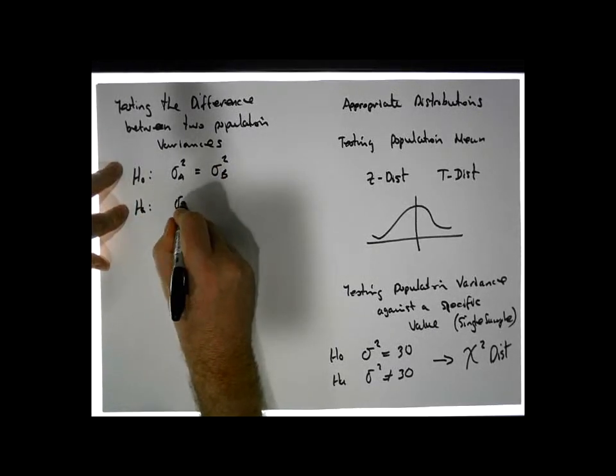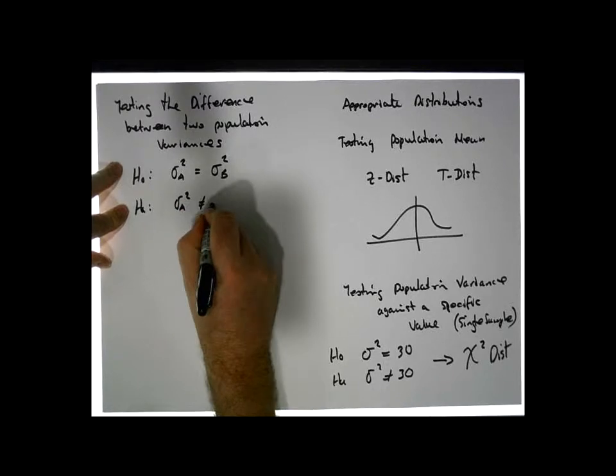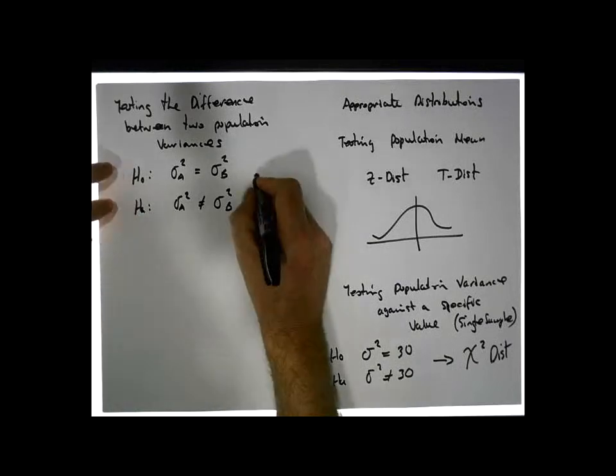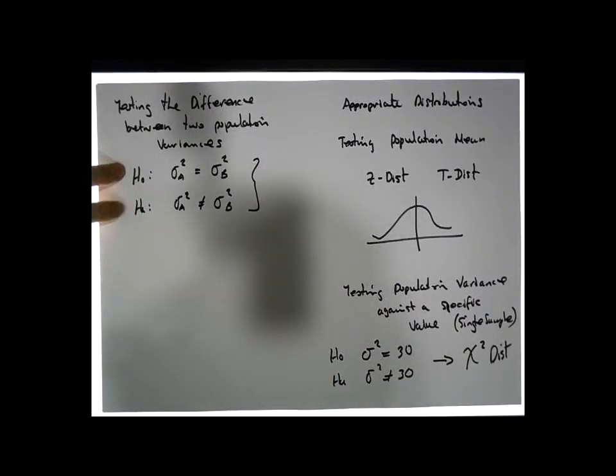And the alternative is that sigma squared for group A is different to sigma squared for group B. These are population variances. This is the hypothesis itself, all wrapped up into a null and an alternative.